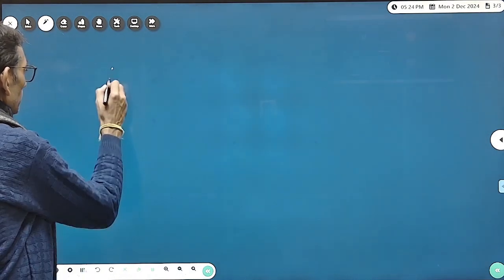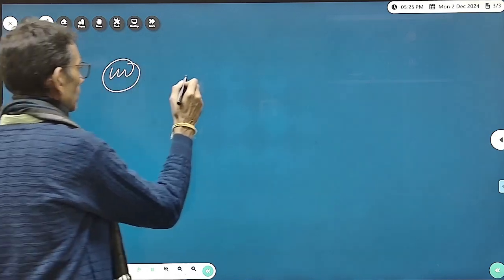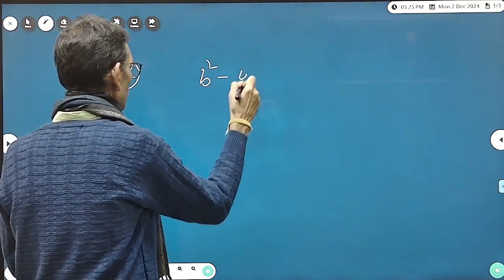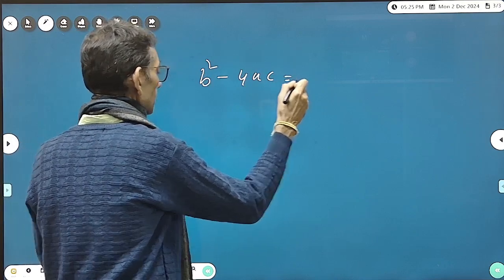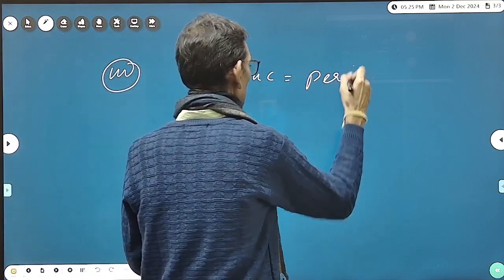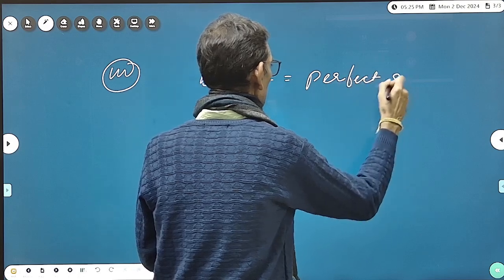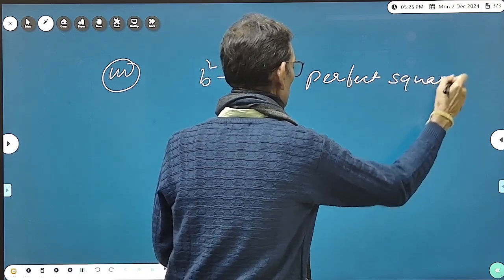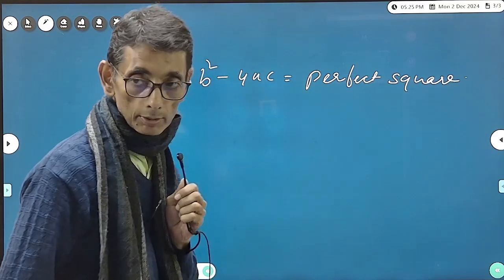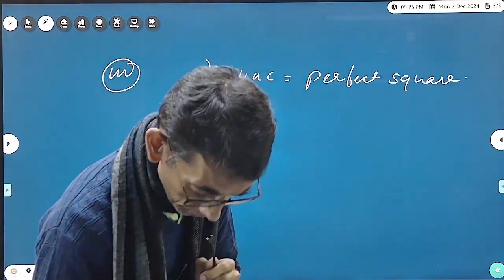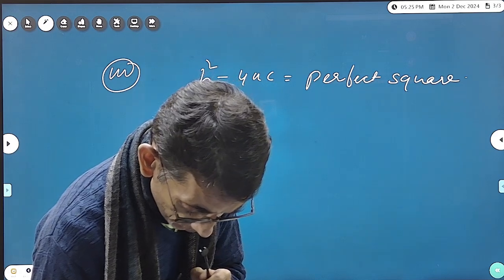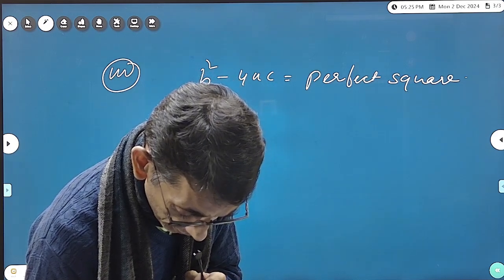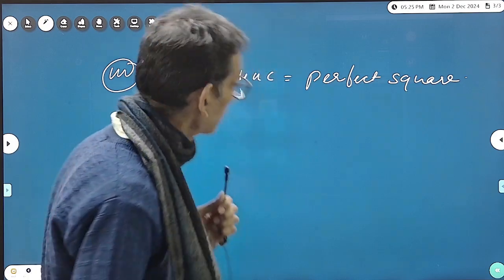Third condition: if b square minus 4ac is a perfect square, meaning a square number, then the roots are rational.